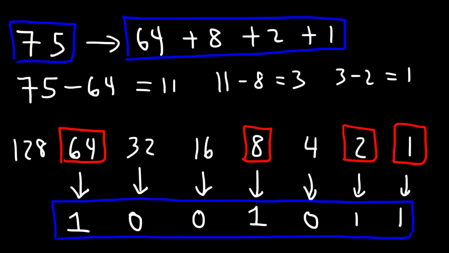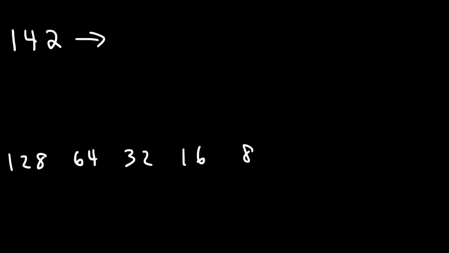And so that's one simple way in which you can convert a decimal number into a binary number. Now here's another example. Let's say we have the number 142. Let's convert that into a binary number. So let's write the list of numbers that we're going to work with. 128, 64, 32, 16, 8, 4, 2, and 1.